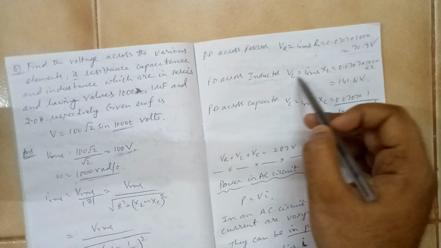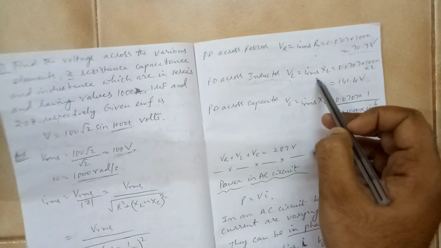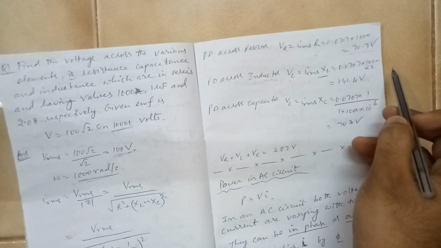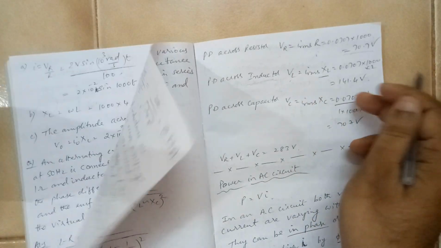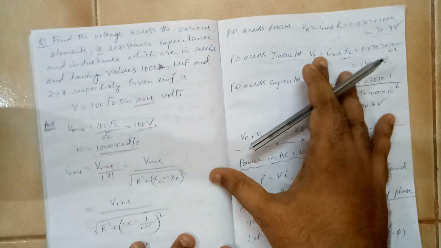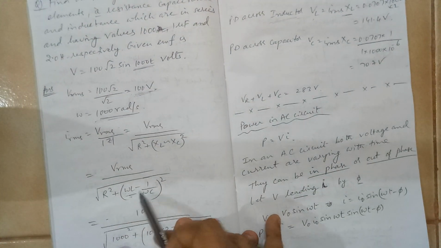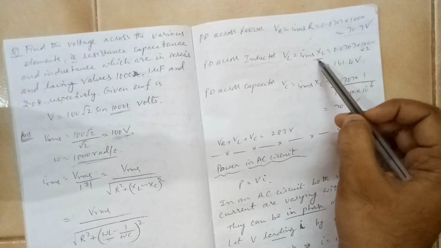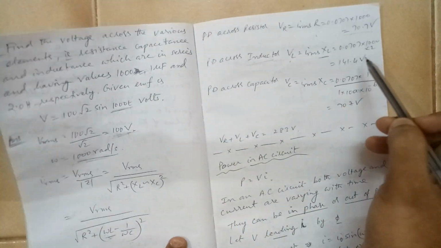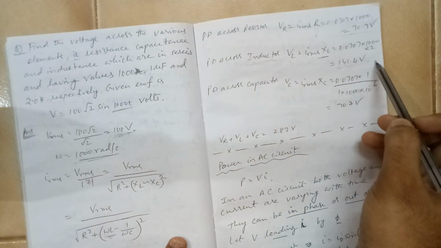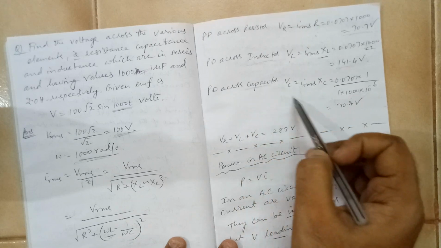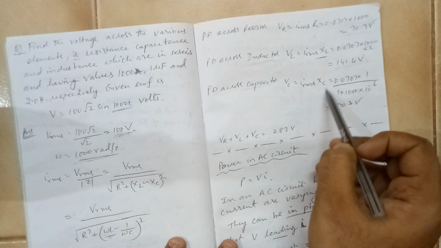If it is an inductor, you have to find VL. VL will be IRMS into XL. XL value will be omega L, this value. You plug those values, you get 141.4 volts. Across the capacitor, VC will be IRMS into XC.